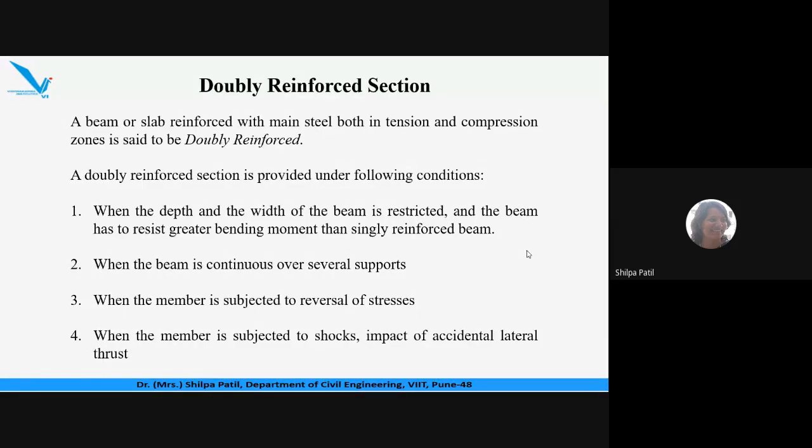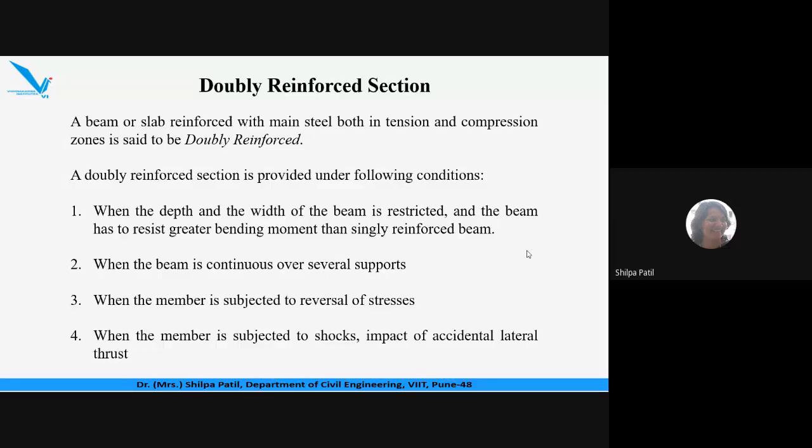Suppose you consider an example of a beam, and on the beam there is a central point load which is acting vertically downward. Due to that, your beam will bend, right? It will bend in a concave fashion. If you recall the deflection diagram, it will show a concave fashion deflection.